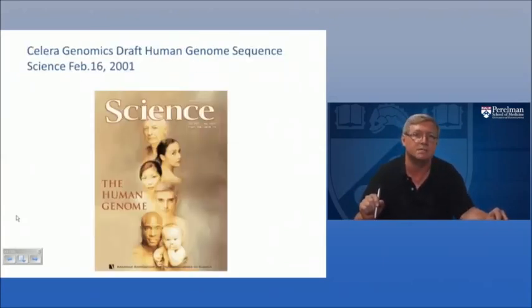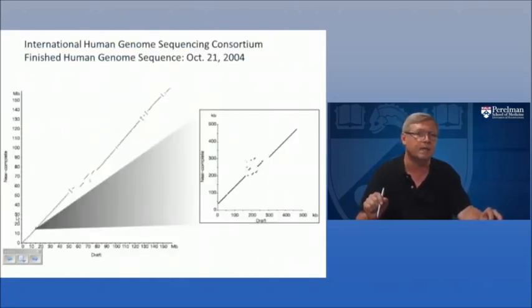Both draft human genome sequences, which I'll discuss in detail in an upcoming lecture, turned out to be quite similar in content, but the strategies used to generate them were significantly different, although there were, in fact, more similarities than differences, and some of the differences were primarily semantic and were not, in fact, huge differences at all.